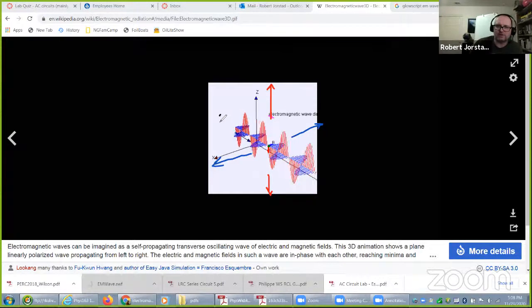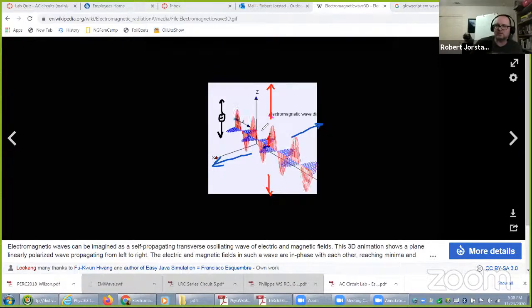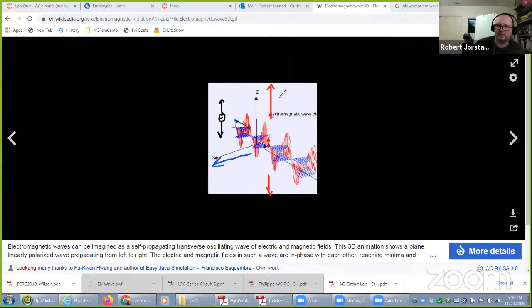I don't know if you can recall, but last time I showed an electron and we showed that an electron could be wiggling up and down. I think you could agree that if you had an electron wiggling up and down, it might make sense that the electric field would wiggle up and down, just like in this photo or animation.